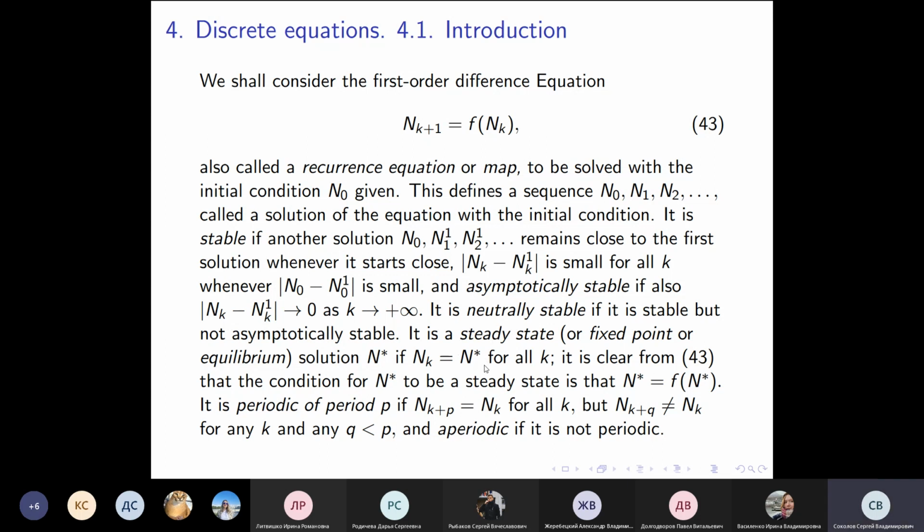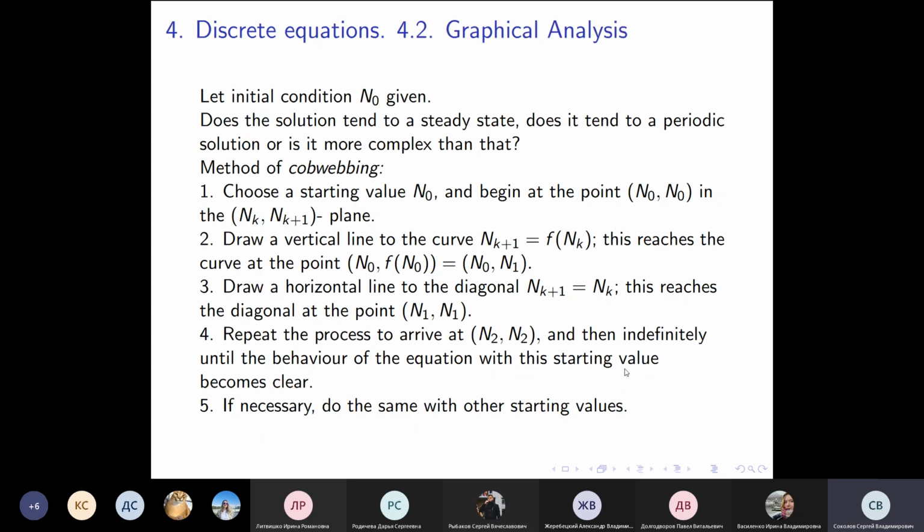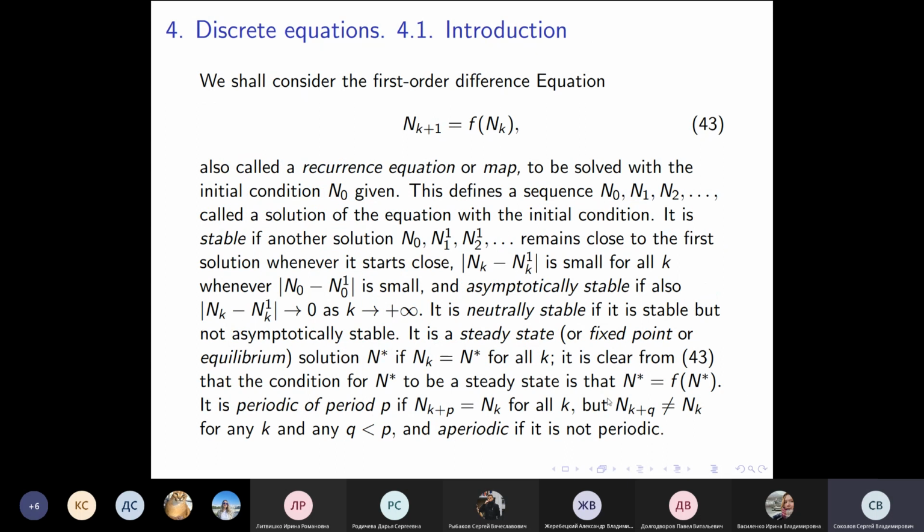So far, it's clear that the condition is n_est is f of n_est. We can compare this situation with differential equations.